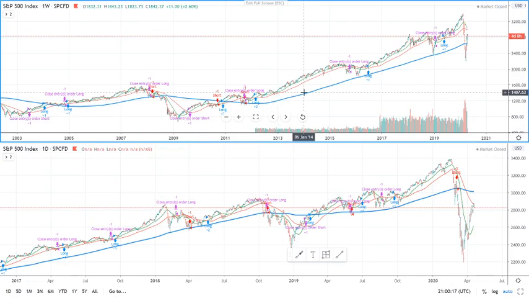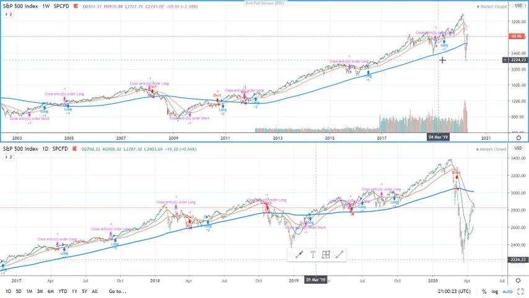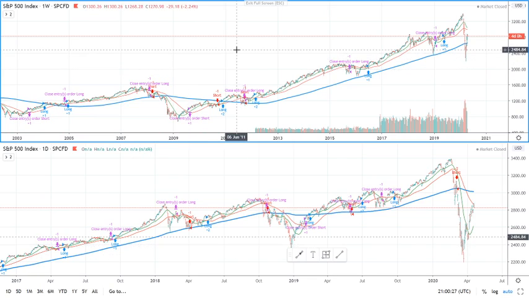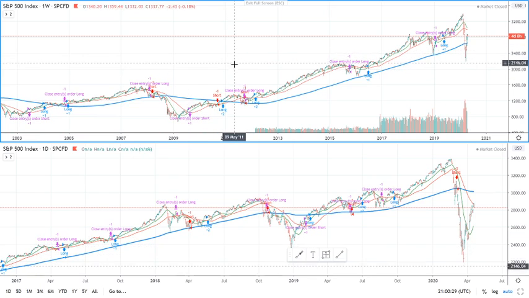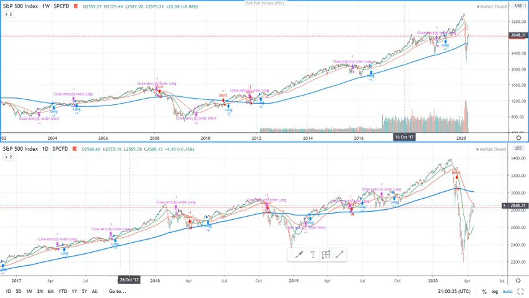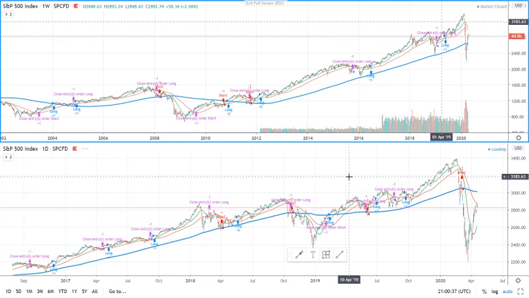And the 200 line is where essentially your funds and your money managers and hedge funds and people decide the risk is that it will most likely continue downward below that line. And it's been like this.